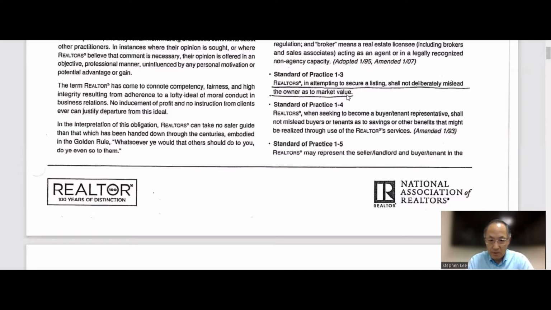Some agent says, "Oh, I can sell your house at $1 million," while the actual CMA studies suggest it's only $800,000. Just in order to get the listing, you state a false value of the house. You shall not. That's what this means. So clearly it says you shall not mislead the owner as to market value.